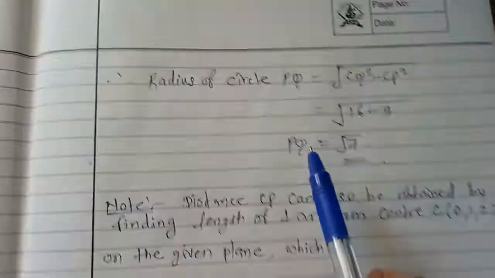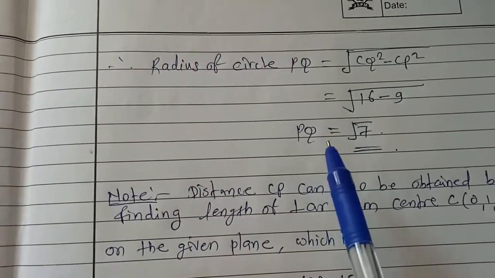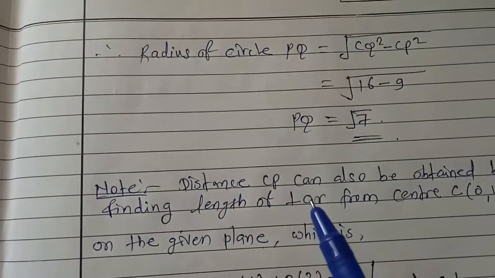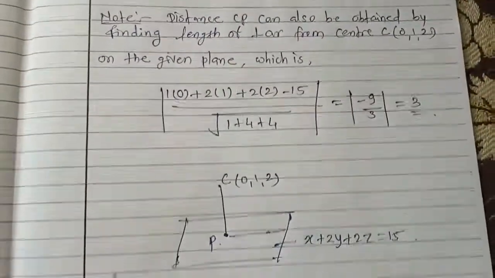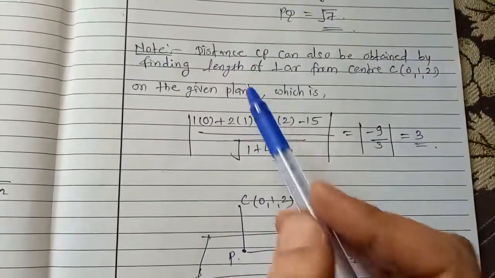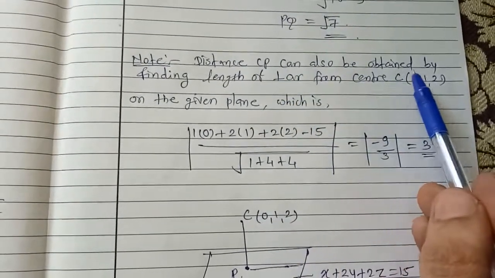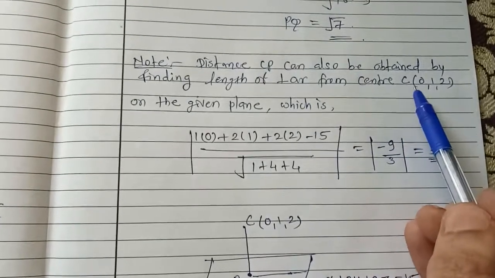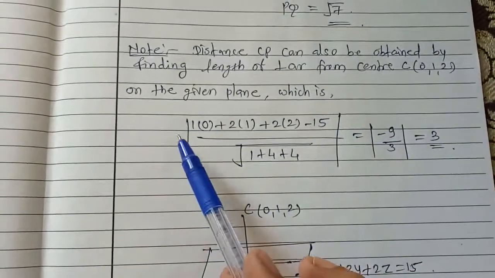That means here we have found the center and radius of a circle formed by the intersection of a sphere by the plane. Now here is an additional note: we can find the distance CP in another way. Distance CP can also be obtained by finding the length of the perpendicular from the center, with coordinates 0, 1, 2, onto the given plane, by the formula.